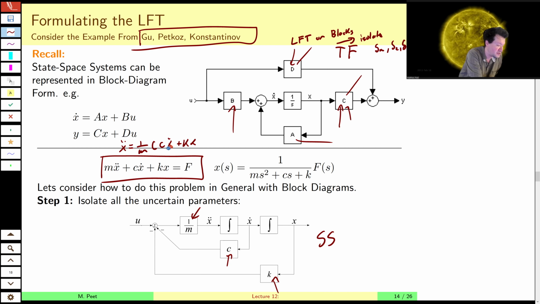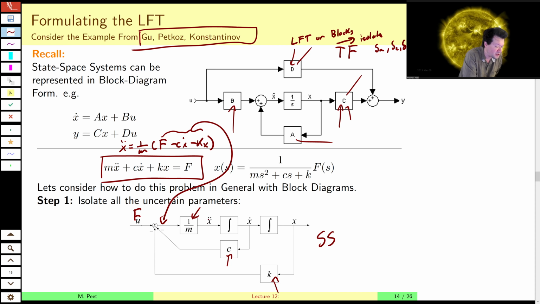Well, actually, it's minus because you move them to the other side. F minus cx dot minus kx. Yeah. So here f is our input, and so this particular signal, we're going to place right there. Then we have the 1 over m operation, and that gives us our x double dot, right?